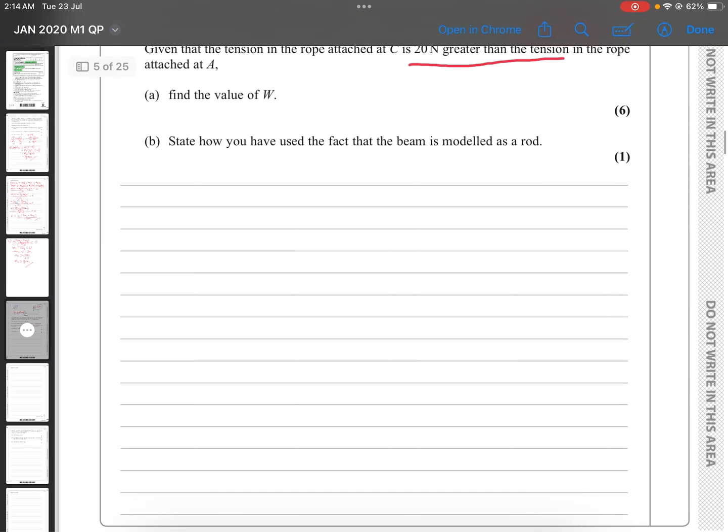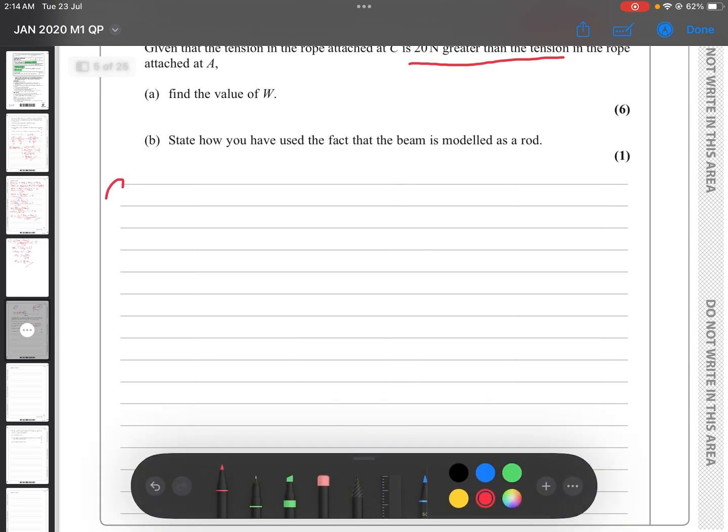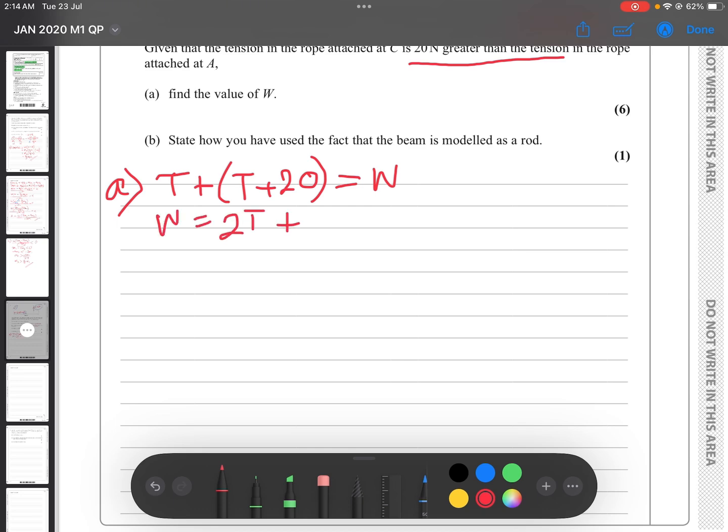Part A. So now the total upward forces are T plus T plus 20, which is equal to the downward force, that is W. Simplifying this, we get W equals 2T plus 20. Alright, this is my first equation.